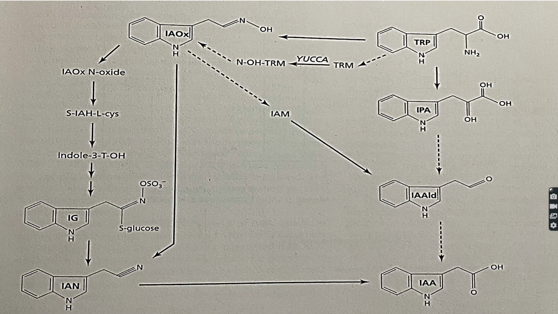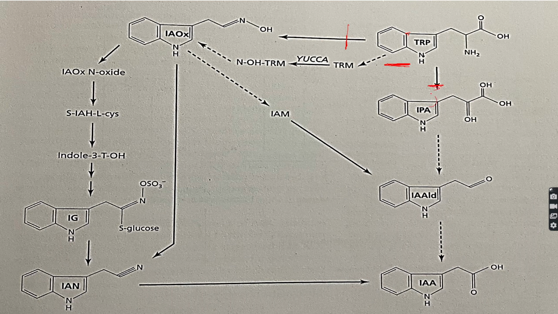Now we will understand the IAA biosynthesis pathway. If we see, there are two important parts. One is tryptophan dependent, another is tryptophan independent. Tryptophan independent, we studied, starts with indole, but the tryptophan dependent pathway is of two types.